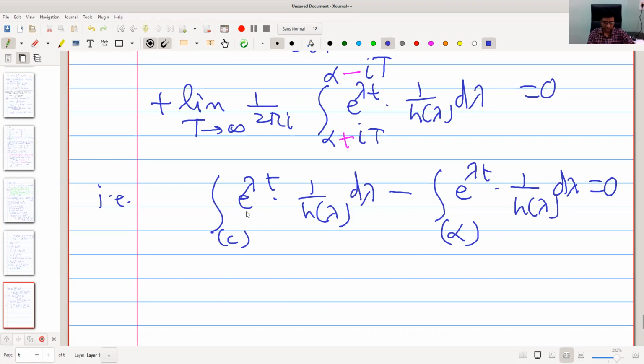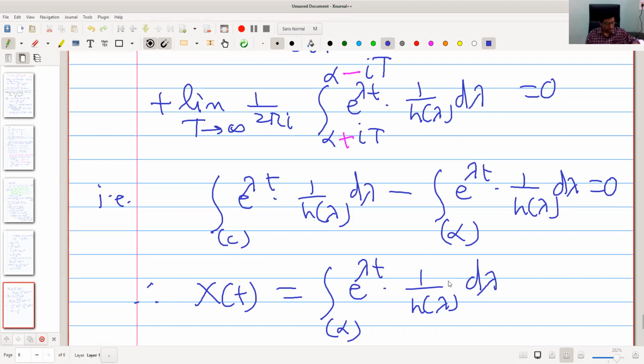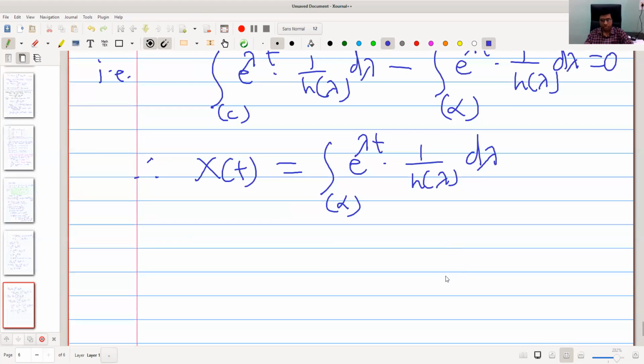Okay, but the first thing is x of t. Therefore x of t equals this along alpha. Okay, so this proves our result. Okay, this proves the lemma. Okay, so this is our first target.